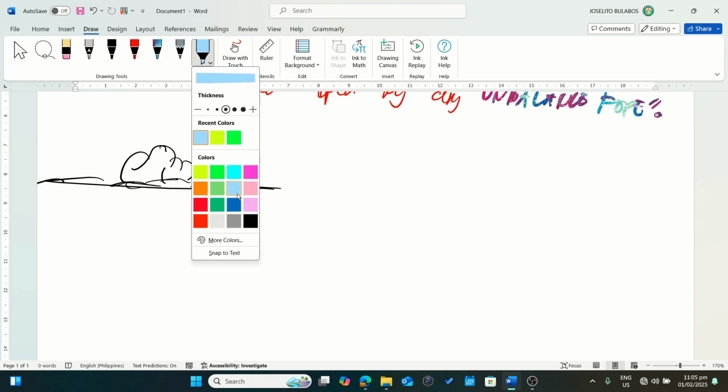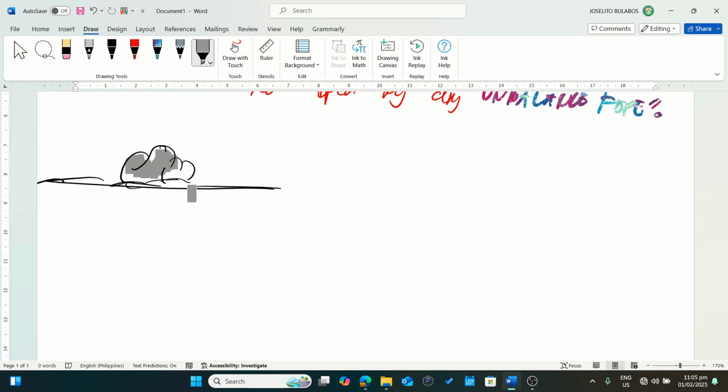Just imagine that this is a rock. You have a rock here sitting still. Now this is actually at rest.